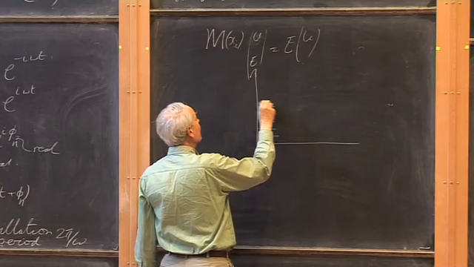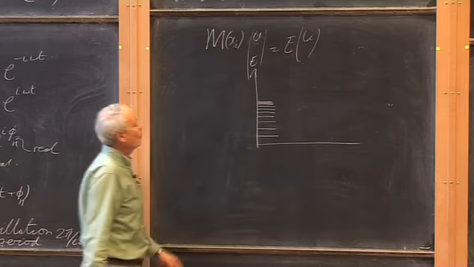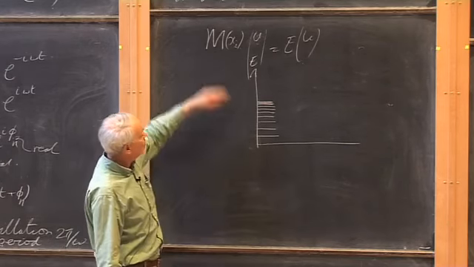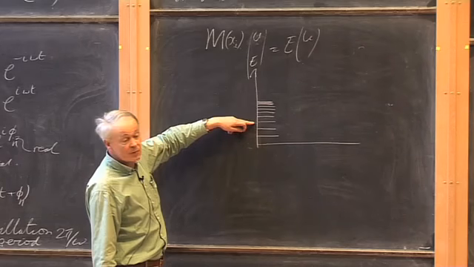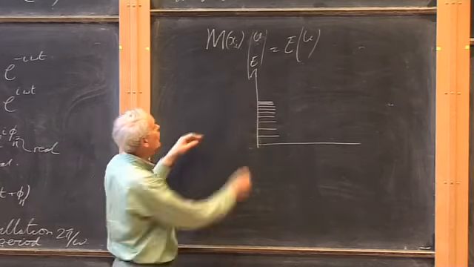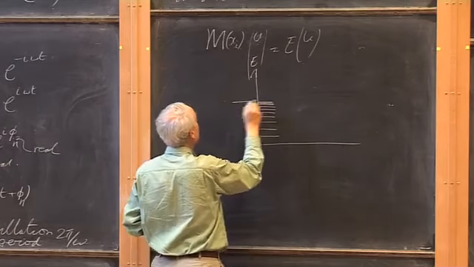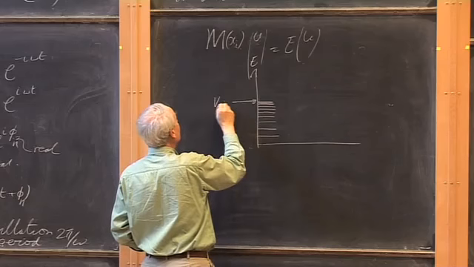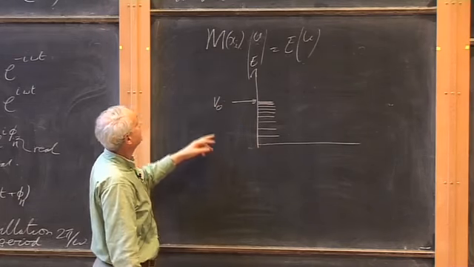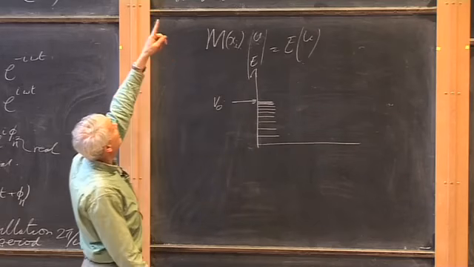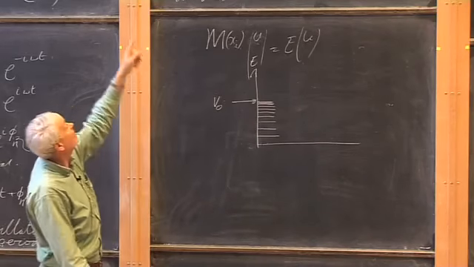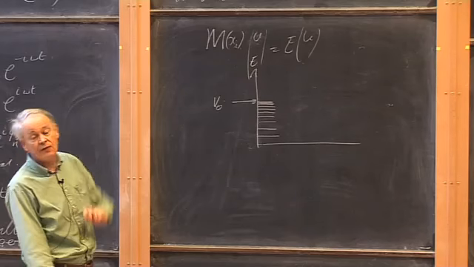What the algebra is essentially doing is giving you an infinite number of allowed energies in a finite range, because this is V naught.